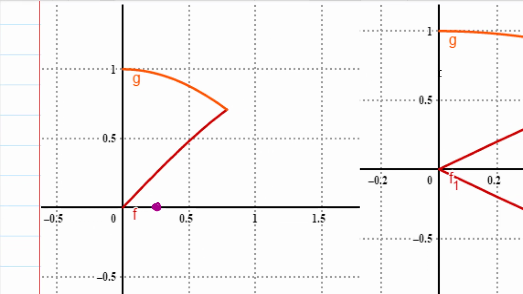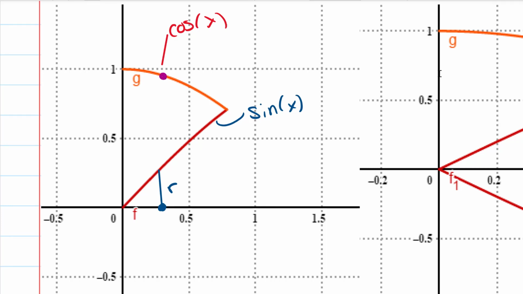When you do that, we get that this is cosine of x and this is sine of x. If we were to revolve these by themselves, from here to here we have one radius, little r.